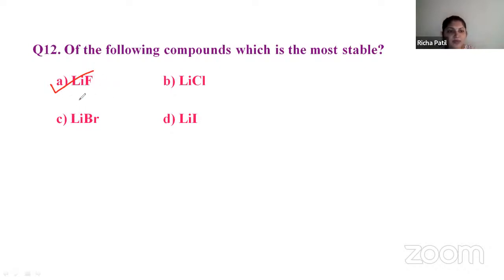So lithium fluoride is most stable as compared to lithium chloride, then lithium bromide and lithium iodide. So more the electronegative character of the electronegative atom, smaller the size of the cation, stronger is the bond formed. So this is the most stable compound.